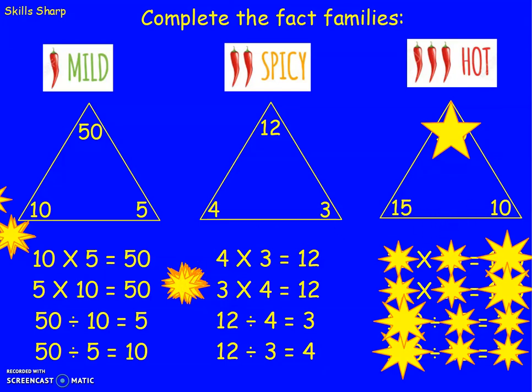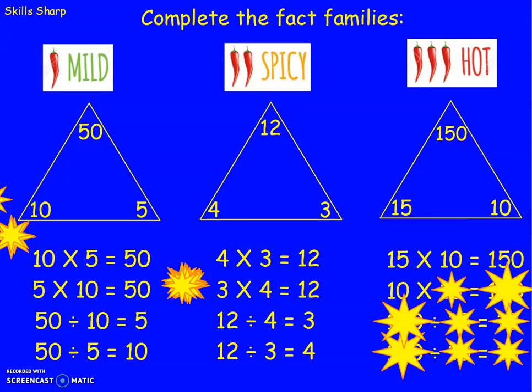Let's have a look at hot then. 15 times 10. Can anyone remember what we need to add on the end of our number if we're timesing by 10? Brilliant. All we need to do is add a 0. So 15 times 10 is 150. We've just added a 0 onto 15.